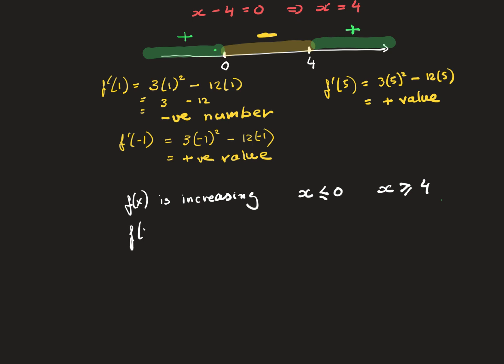And the function f(x) is decreasing when x is between two numbers. So I'll put x and I'll put 0 in here and 4 in there, and that will mean that x is between 0 and 4.